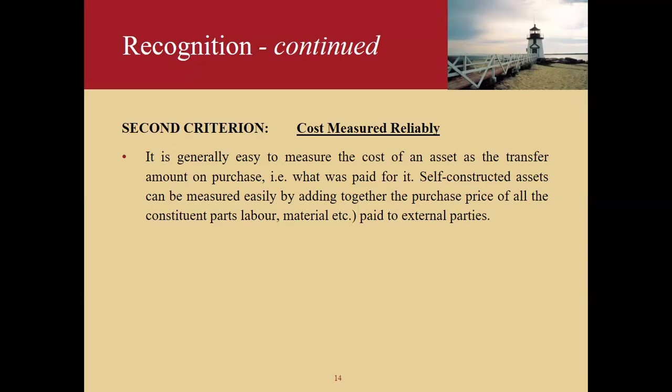So this one is normally easy. What have I paid for this asset, or what have I incurred in putting this asset in place, or constructing this building, or setting up this machine? What have I incurred?